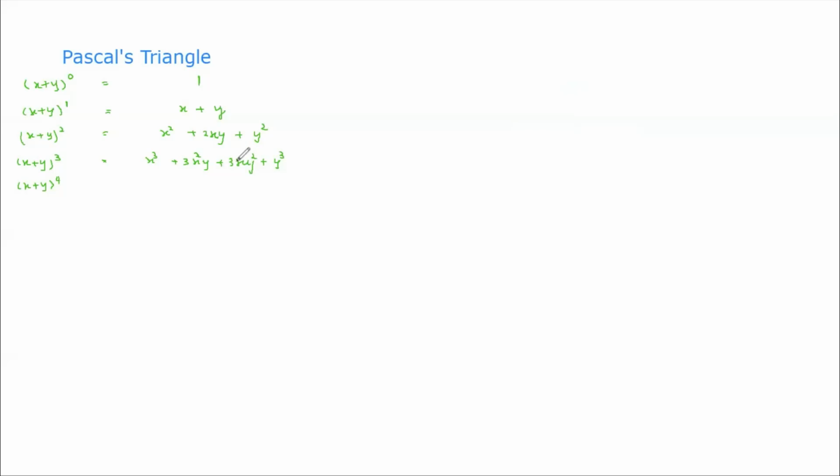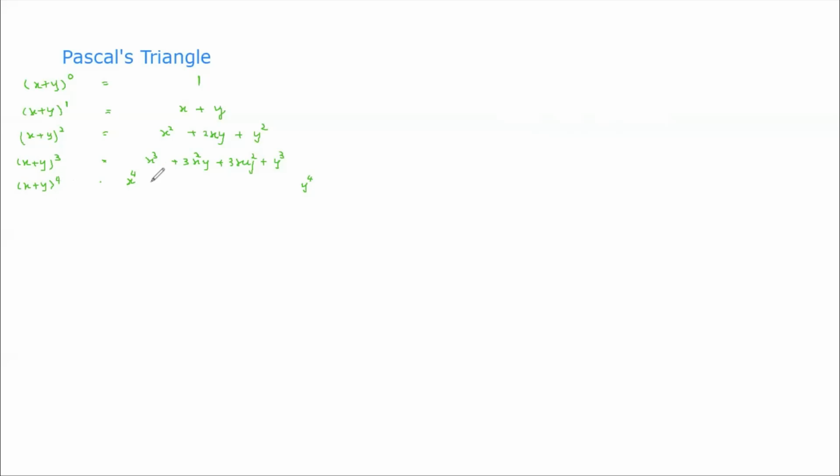The coefficient of xy squared is 3 and y cubed is 1. So you can see if we use x plus y power 4, the first term here should be x power 4, right? And the last term here should be y power 4, correct? Because the total power is 4.